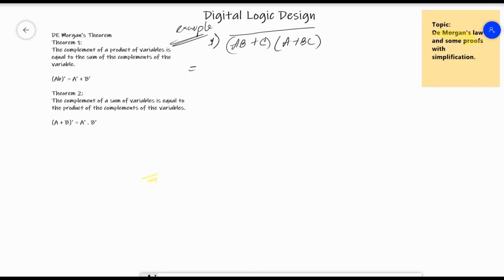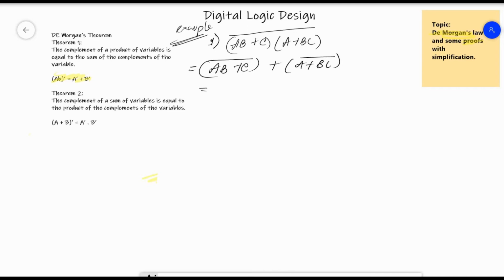We can rewrite this one using our first theorem, which is given on the left side. So if we use the first theorem here, we get (ab plus c) whole bar plus (a plus bc) whole bar.